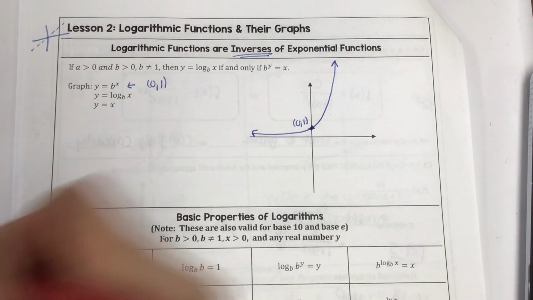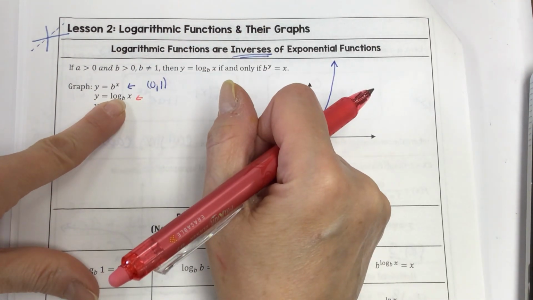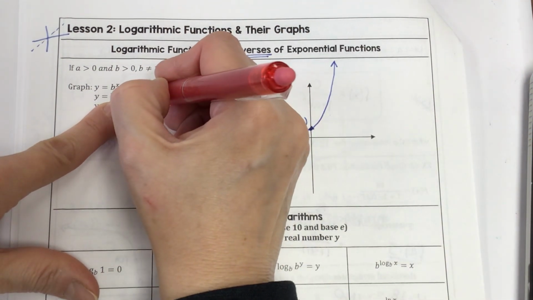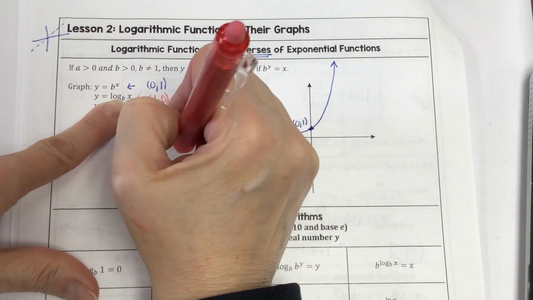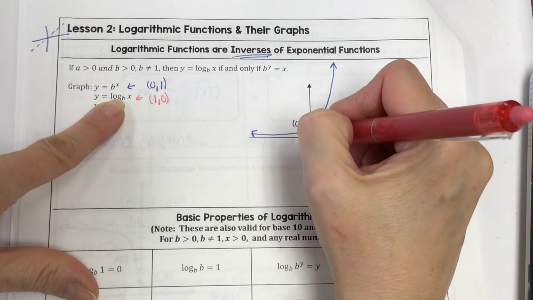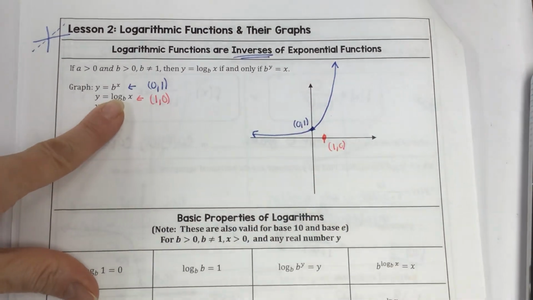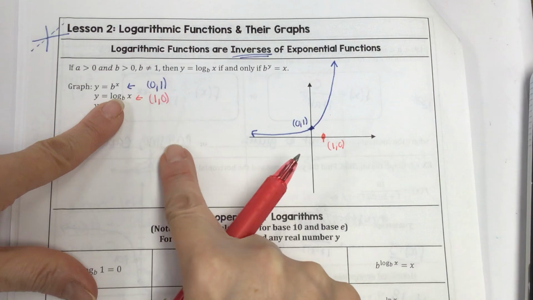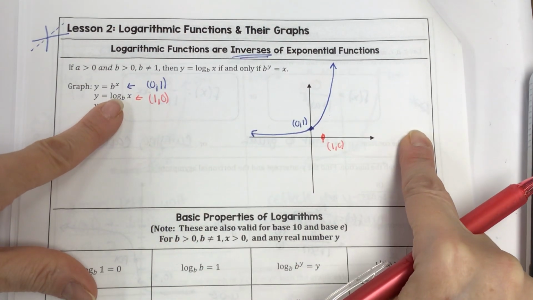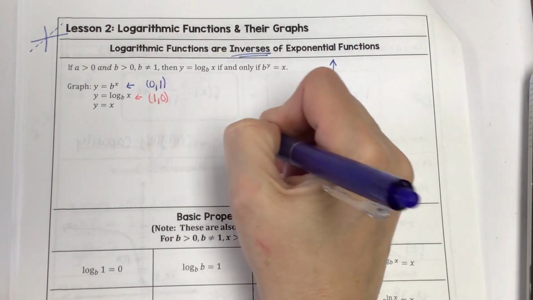Well, if this one is the logarithmic function, and it's the inverse, we know that this would have to have the point (1, 0). Is that correct? Because inverses have the x and the y switched, yes? So your exponential function has a horizontal asymptote at y equals 0, right?